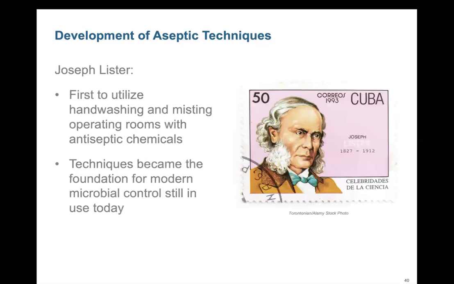Joseph Lister was the first to utilize hand washing and misting operating rooms with antiseptic chemicals. The techniques became the foundation for modern microbial control, and a lot of these are still used today. And actually, his namesake is found on a very common product, Listerine, which is a disinfectant.